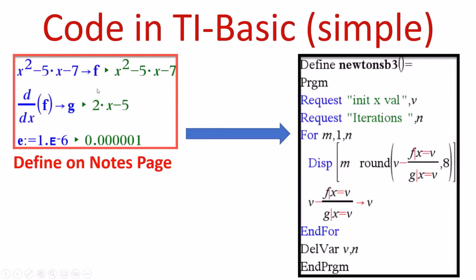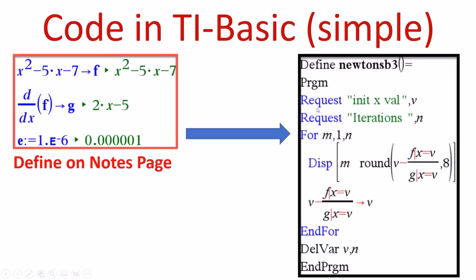Interestingly, whatever you define on the notes page or on the calculator page, TI-Basic is pretty smart because it's talking to that particular page. It actually picks up those functions from there. So you will see in my code, I'm not defining any of the functions because I've defined them in my notes page. I'll just demonstrate how you will get to that.